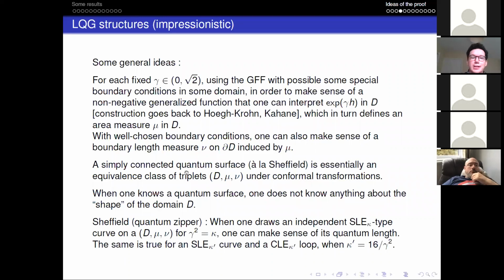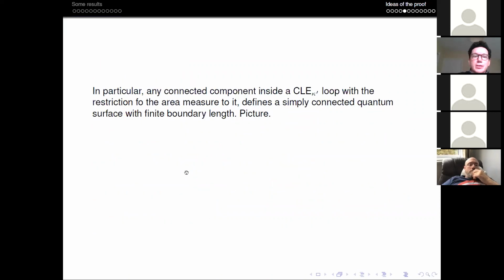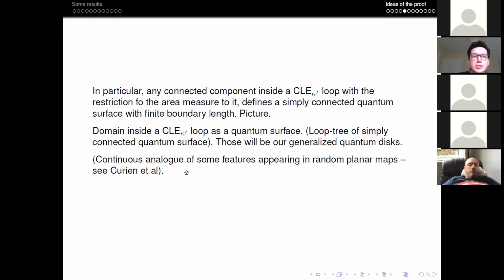I jumped a number of features, but the main message is that when you equip the CLE kappa prime by the LQG random area measure, what you should keep in mind when you discover these various things is not the shape of the loops that you're discovering.